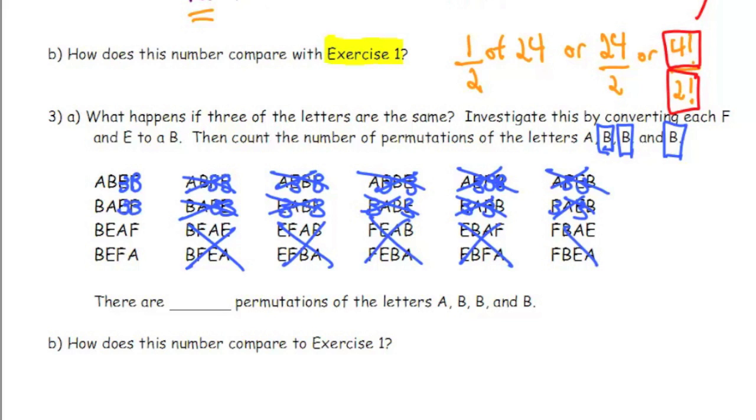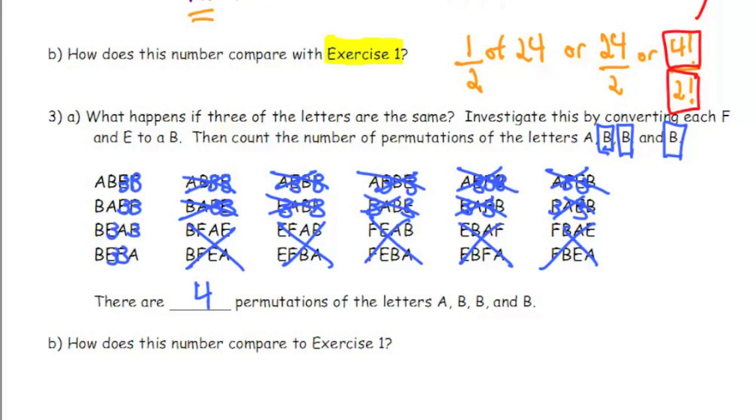And this pattern continues through the remaining 2 rows, where if we change the E's and F's to B's, all of a sudden all the other entries cancel. Which means that when we have 3 identical objects, we actually end up with 4 permutations.